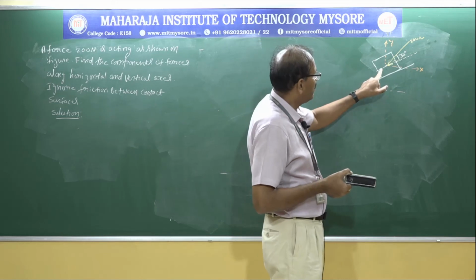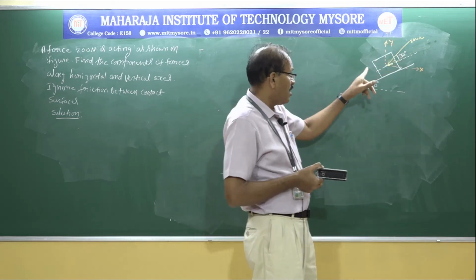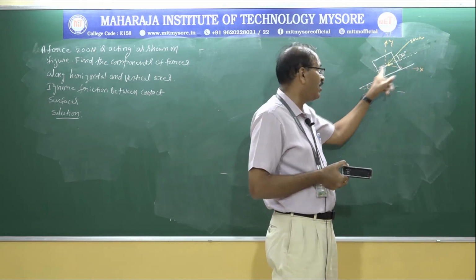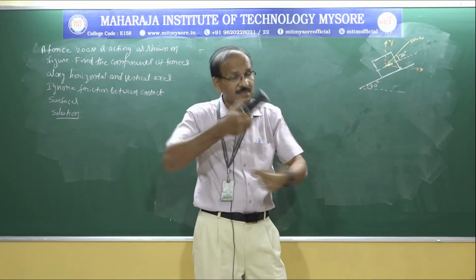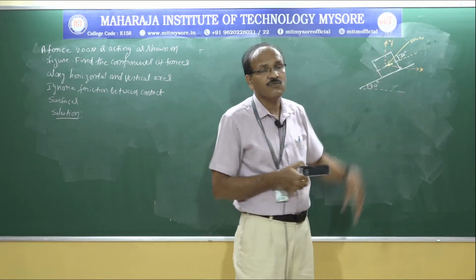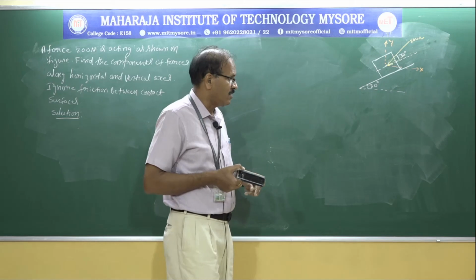In the previous problem we resolved the given force along these axes, calling one x and the other y. Here we have called them the x and y axes, that is, horizontal and vertical.